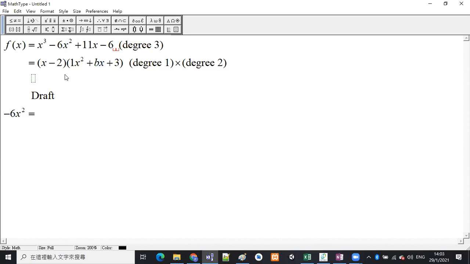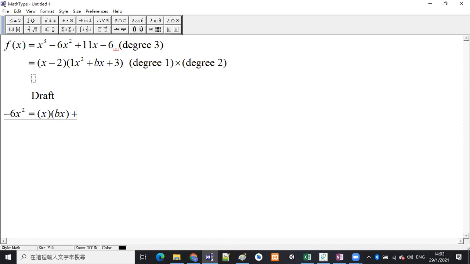There are two possibilities. If I choose the x from the first bracket, then what should I choose from the second bracket in order to get an x square term? It should be choosing bx. Can you get this? So it should be x times bx.